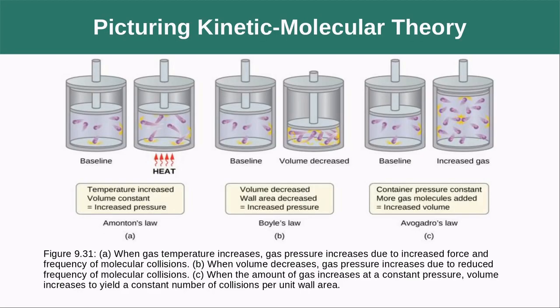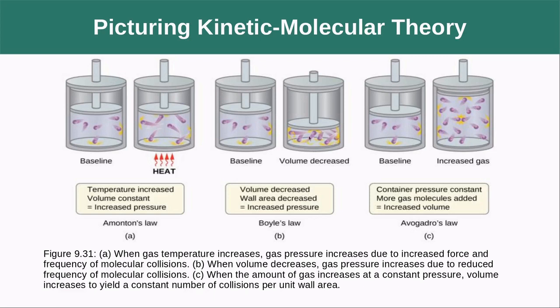So here we can picture this. If we have our baseline here and we add heat, each one of the molecules starts moving a little faster with more kinetic energy, and it's able to increase the pressure. It hits the walls of the container harder. Again, if we have our baseline and we decrease the volume, now all of these molecules are pushed together and they're going to have a shorter path before they get to their next collision.